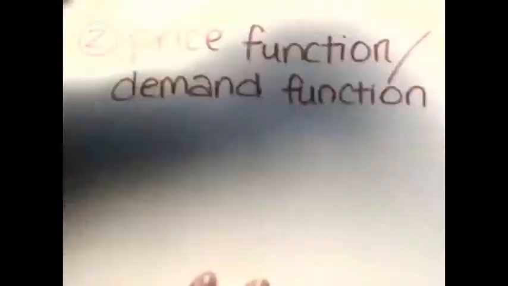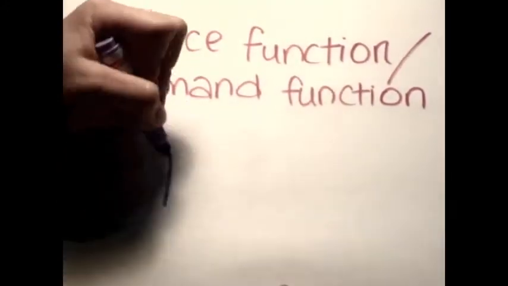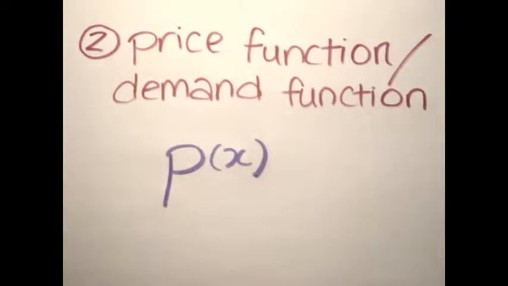The second function I just want to touch on is called the price function or the demand function, which is represented by the notation little p of x. This function isn't asked for in the problem itself, but we do need it in order to solve for the revenue function, which I will talk about next. So we need to infer that we need to solve for this.